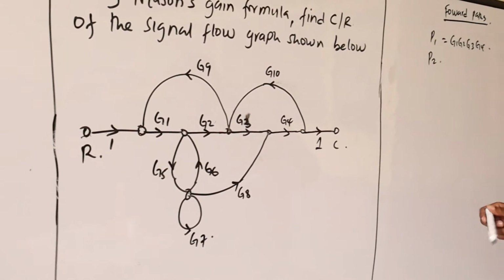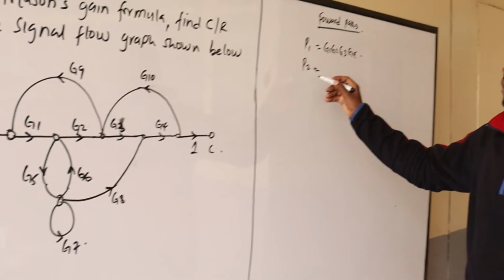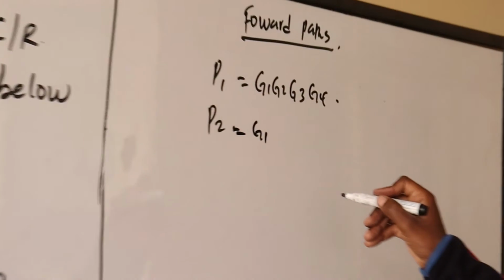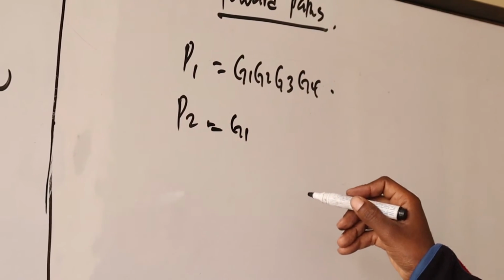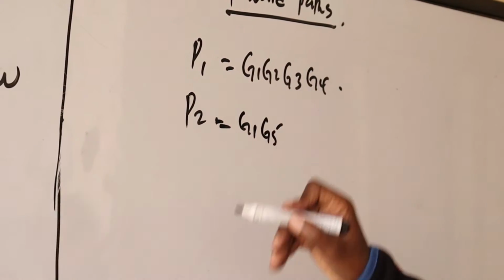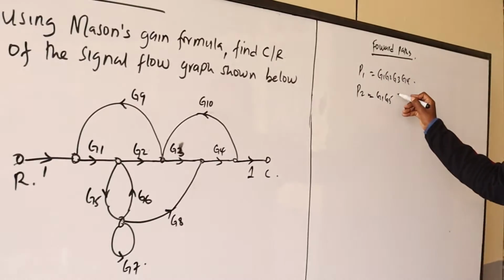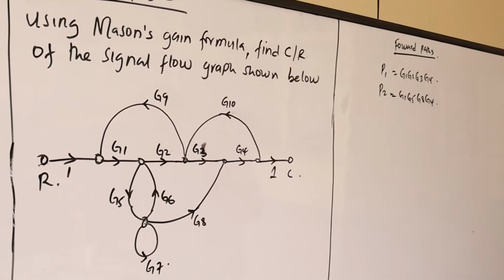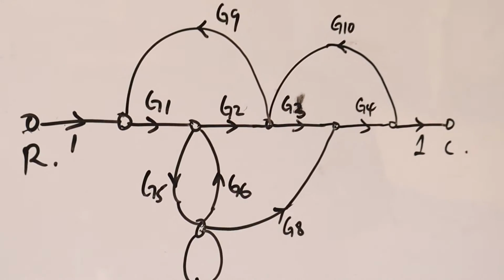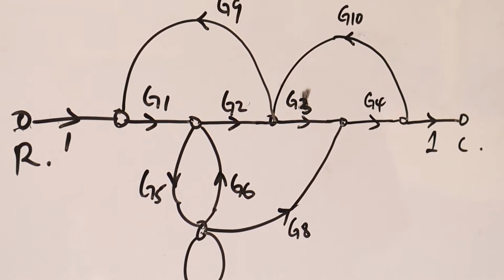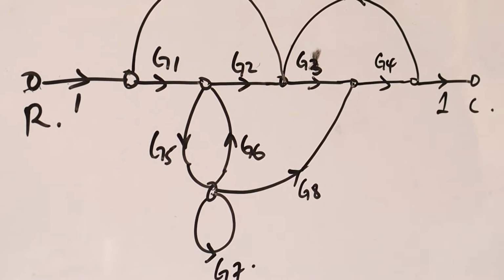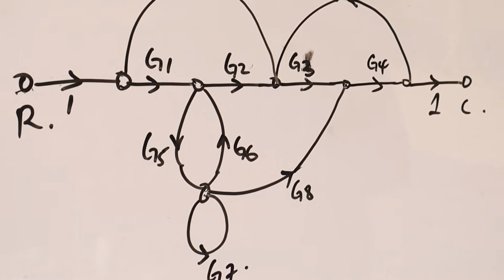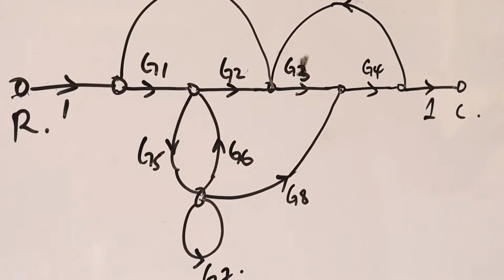So that is our second path. We talked of G1, G5, G8, and G4. That is our forward path that we can talk about. I don't see any other path, and therefore that takes us to the next part of analysis, and that is the individual loops.